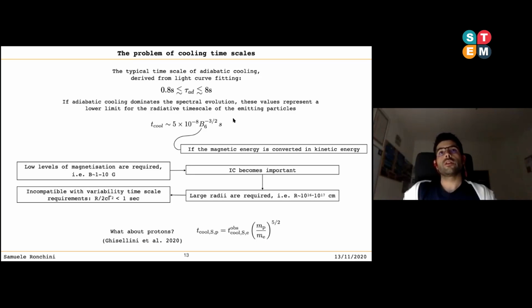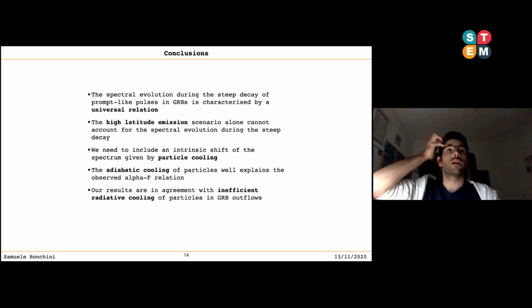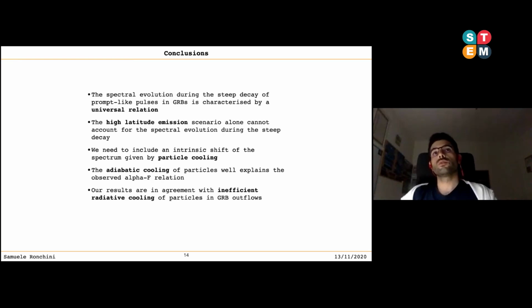So in conclusion, I summarize what I presented. The spectral evolution during the steep decay of prompt light pulses in gamma ray bursts is characterized by a universal relation. But this relation is not compatible with the simple high-latitude emission scenario. Instead, we need to also include an intrinsic evolution of the spectrum given by the cooling of particles.